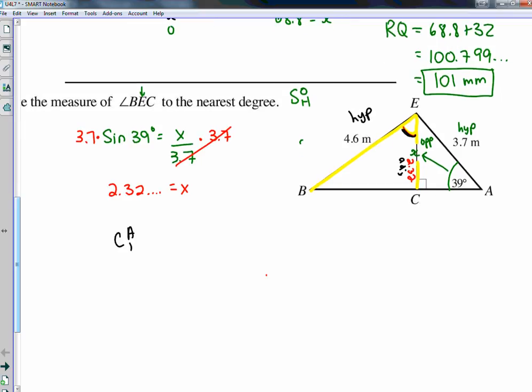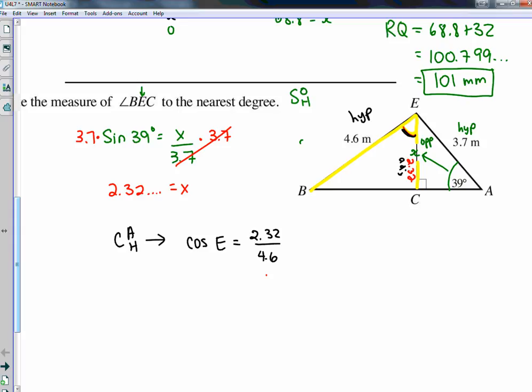Cosine. Adjacent and hypotenuse is cosine. So cos of, what do you want to call that? Angle E equals what divided by what? 2.32 divided by 4.6. Okay.